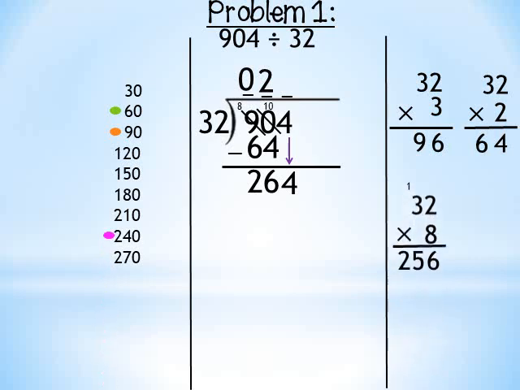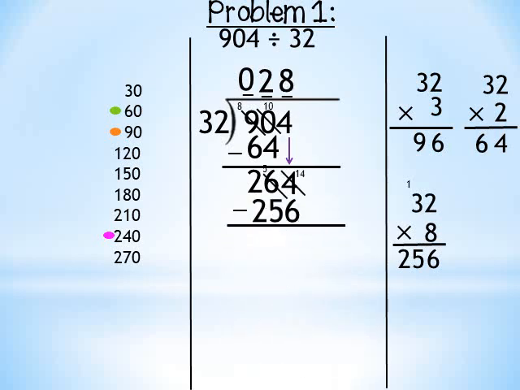I'm going to do 32 times 8, and I got 256, which is perfect. Let's go ahead and use that. 8 on top, 256 down below, subtract with regrouping, and I get 8 as my remainder.